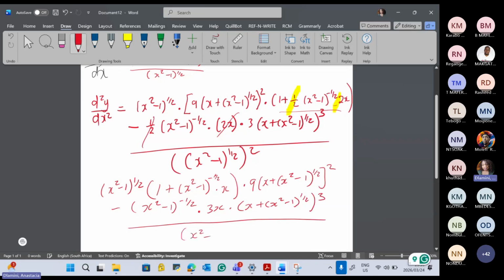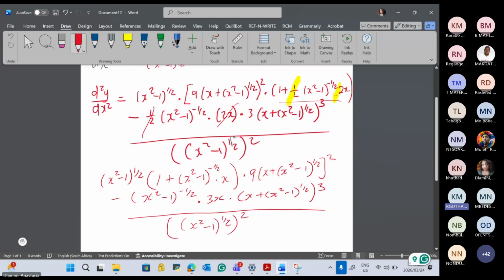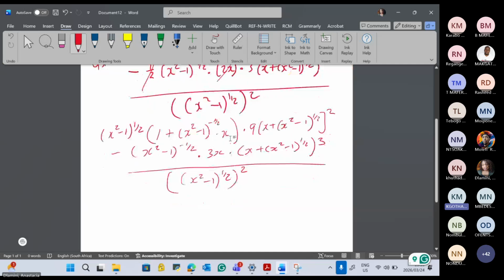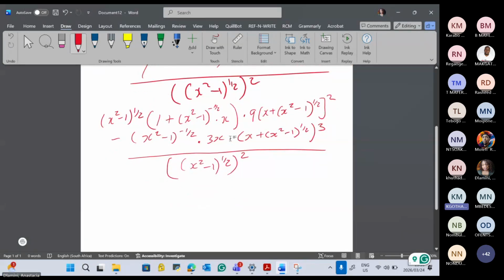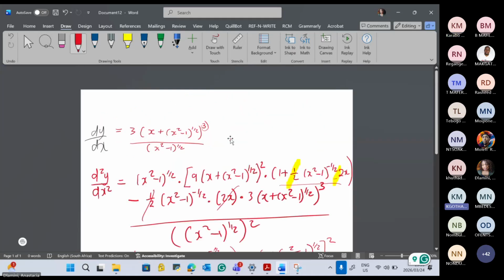Hey, that's why I don't like quotient rule. Ma'am, I know you said my original idea would lead us back to quotient rule, but would I be wrong, I'm spitballing here, can you go back to the first equation? I'm going to try and manipulate. Would I be wrong if I separate it, it'll be 1 over x squared minus 1 to the power of half, and turn that into a negative half exponent?